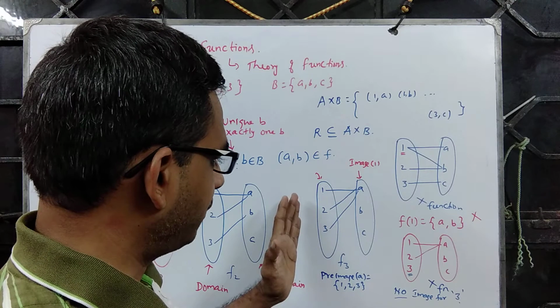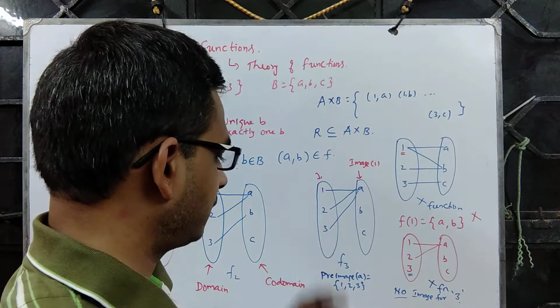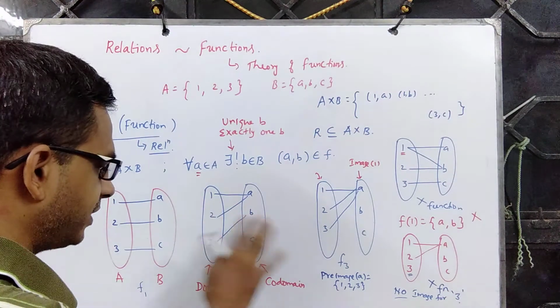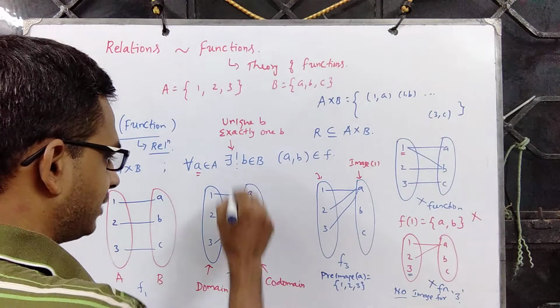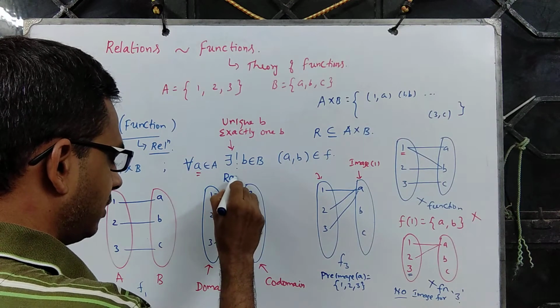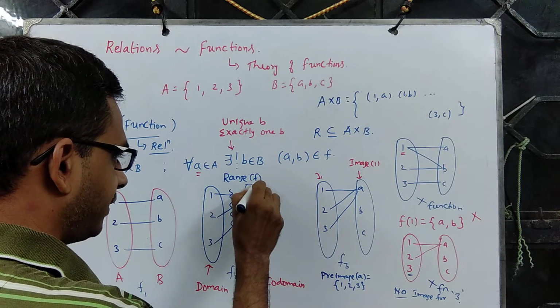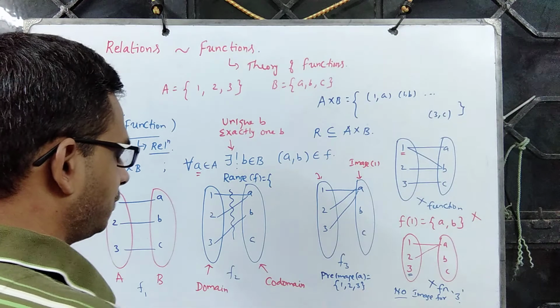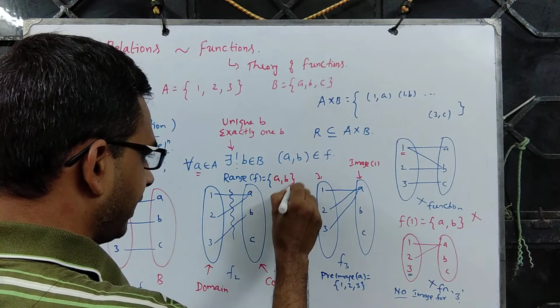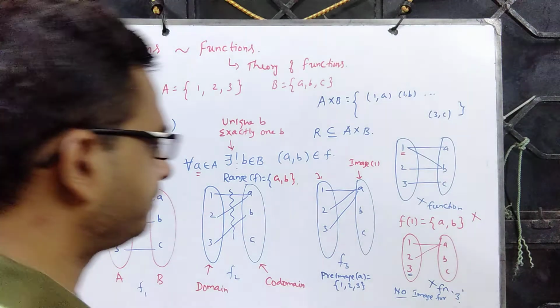We also talk about something called range. What is the range of a function? For example, what all elements the domain can see, that's precisely the range. So this is the range, which means the range of f is A and B.